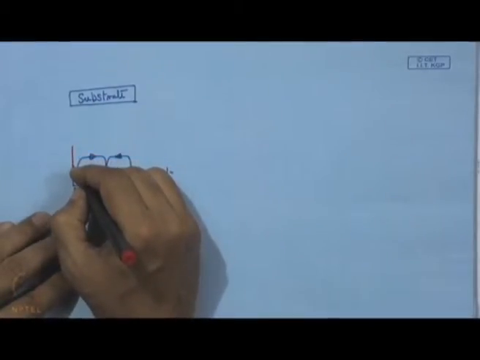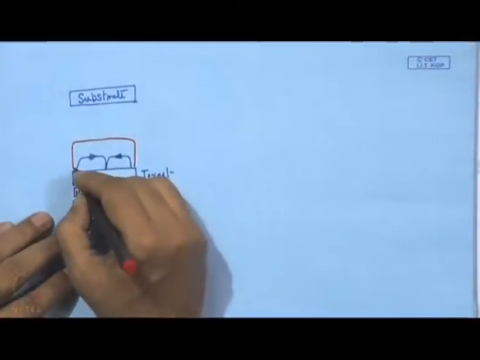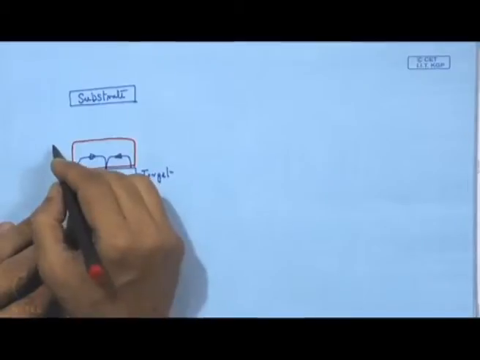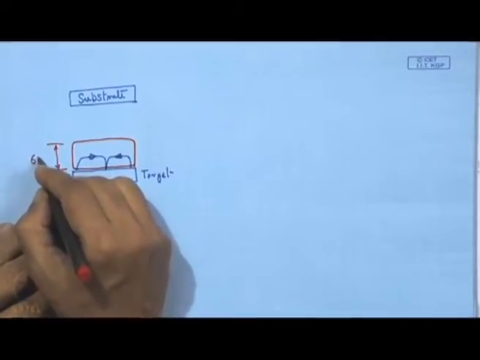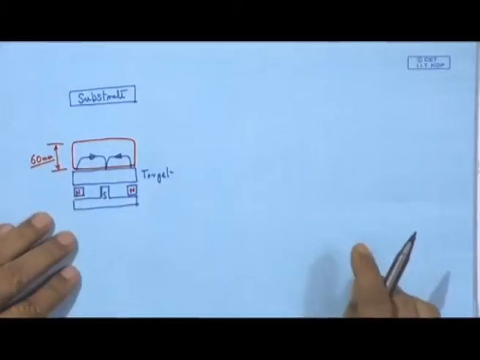Now, this plasma volume is created over the target, and it is known that this region is around 60 millimeter wide.